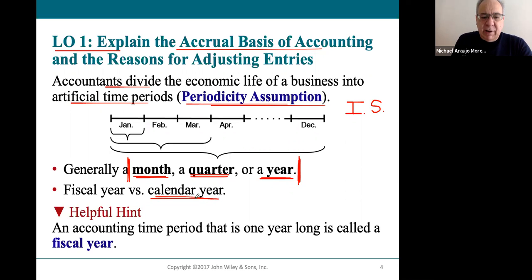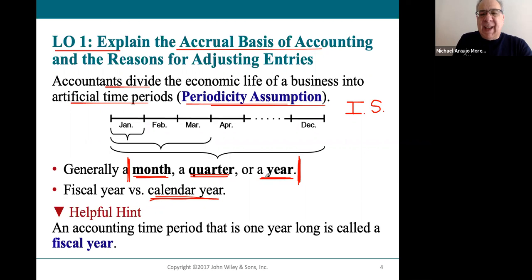And a calendar year is the year that you and I are most familiar with because it begins on New Year's Day, January the 1st of every year, and it ends on December 31st of every year. So that's the calendar year. And again, that's the longest period that a business could measure. They could use the calendar year as their year.